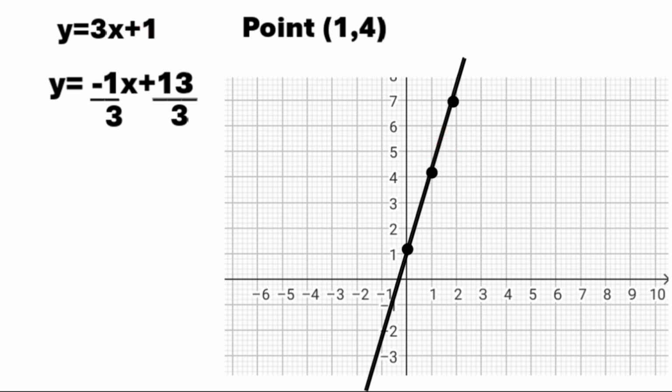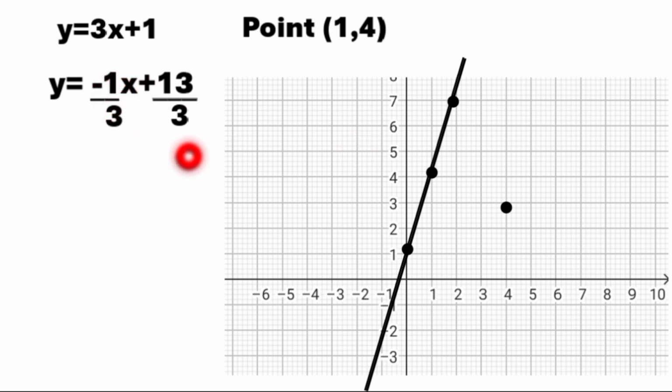Then for this one, we have a negative slope. From (1, 4), if we move to the right 3 units, 1, 2, 3, we move downward 1 unit. So this is our next point. And if we move to the left 3 units, 1, 2, 3, then we move up 1 unit since this is a negative slope.